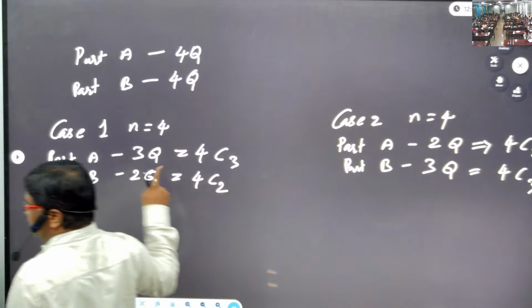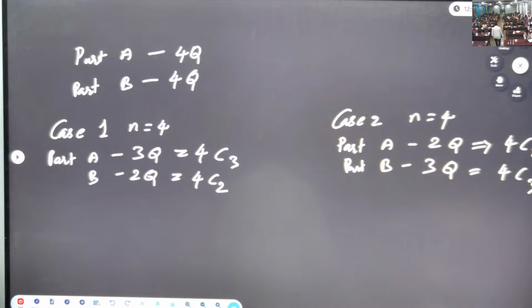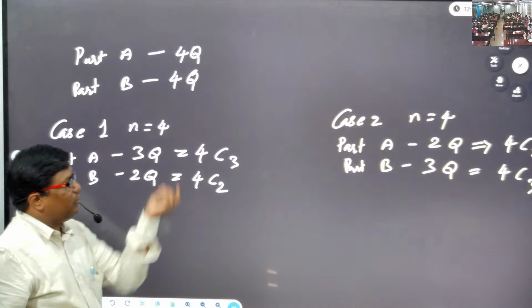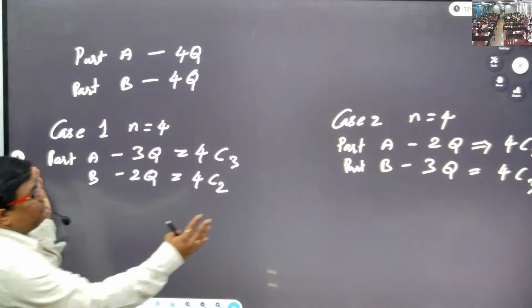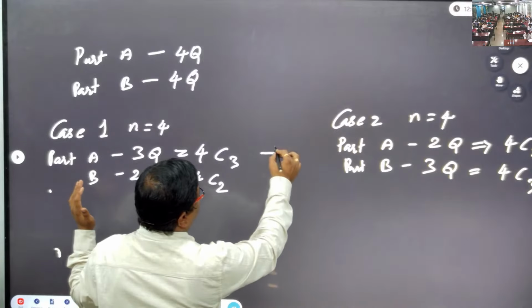Once these two are done, what are we supposed to do? Are we going to add or multiply? These two parts within a case we are going to multiply, and case 1 and case 2 finally we are going to add.